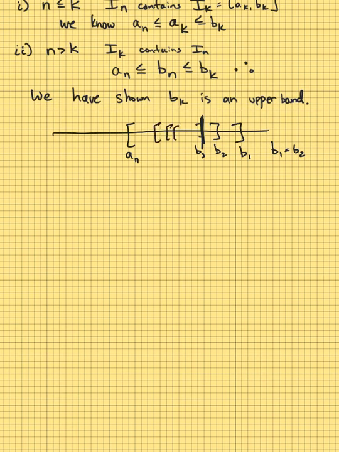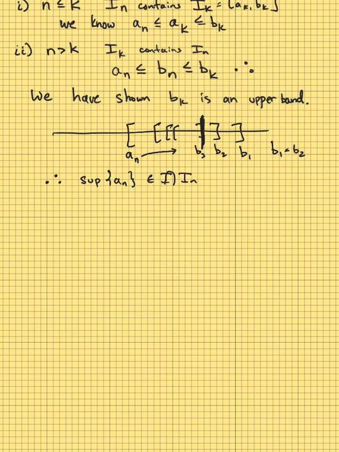So the a sub n's are never going to get greater than one of these intervals because that would contradict nesting, okay? And therefore the sup of the a sub n's is bounded by any of these, so you have that it's in the intersection of all, okay? So therefore the supremum of the set is in the intersection.